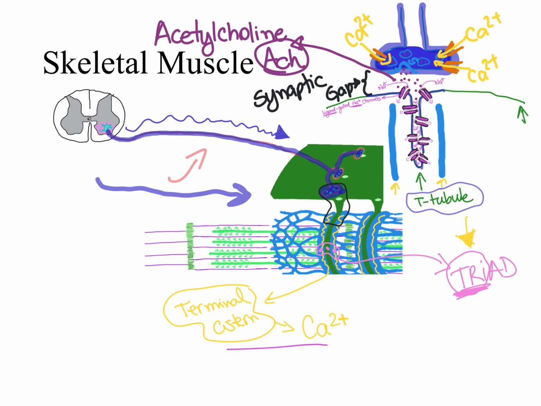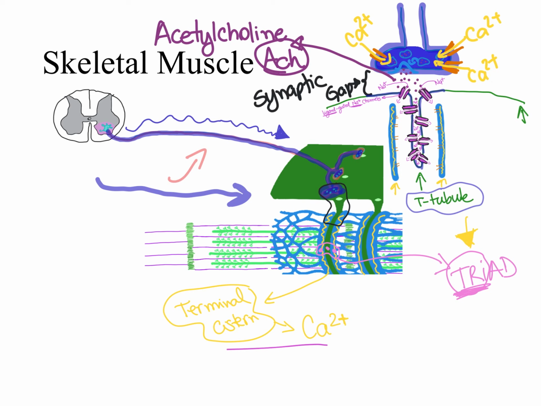And what happens is that as this change in voltage goes down into the T-tubules, deep down into the skeletal muscle cell, this change in voltage causes the opening of voltage-gated calcium ion channels that are present in the membrane of the terminal cisterns, which are containers that store calcium ions.